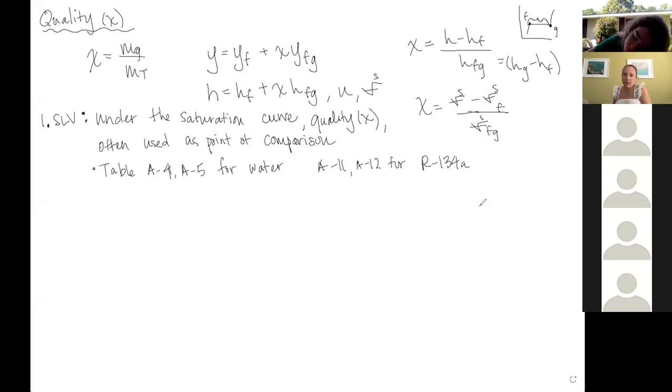This is in the 900 pages in your book, all the way in the back. Table A4, A5 are saturated liquid vapor of water. Table A11, A12 are your saturated liquid vapor tables for R134a.